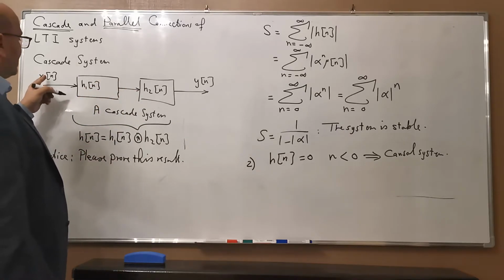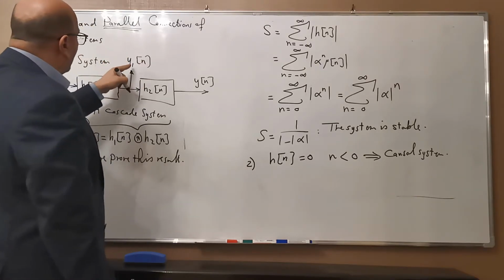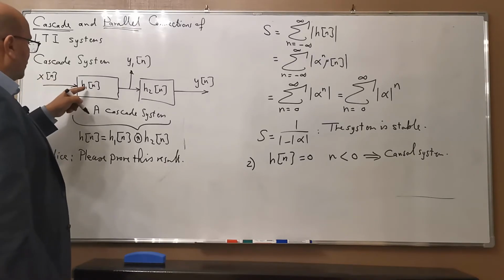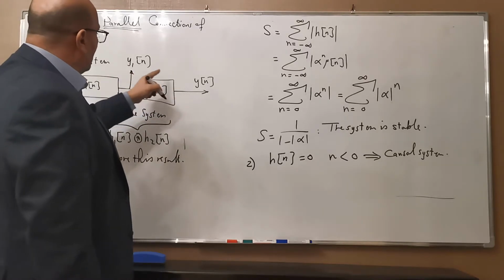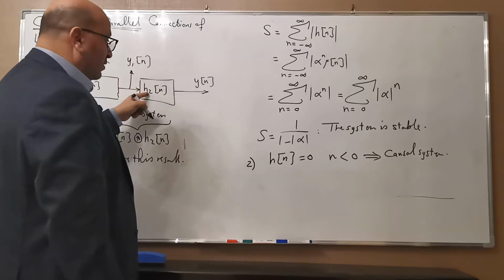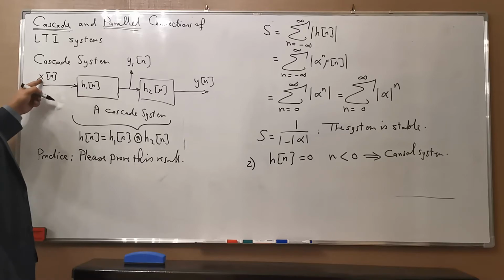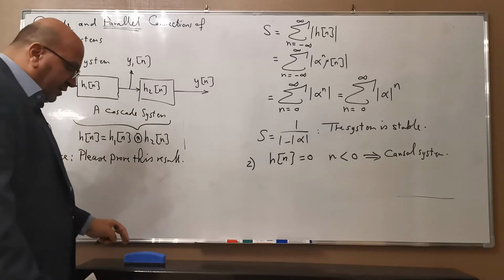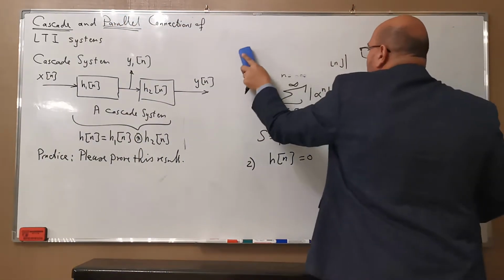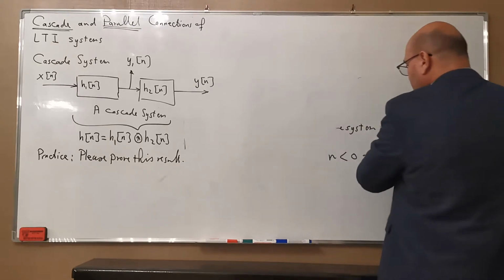You can do this by saying that this one here is, let's say, y1 of n, and y1 of n is the convolution of x with h1. y1 of n is the input to this one, so y is the convolution of y1 with h2, and then replace y1 with its formula in terms of x and h, mix them together, and you will find out the solution. But do it yourself as an exercise. Okay.